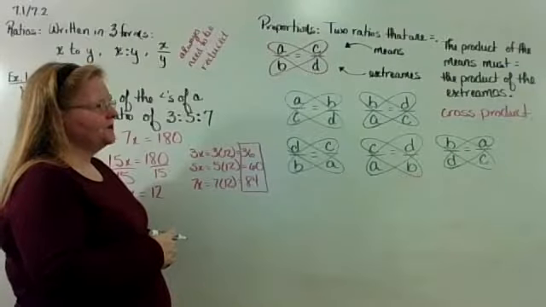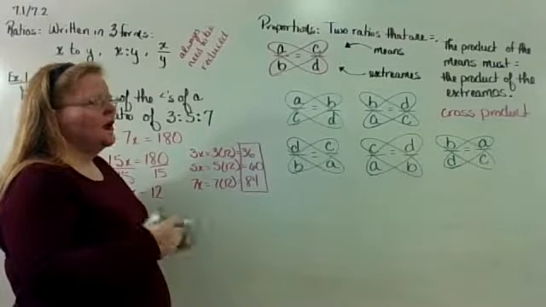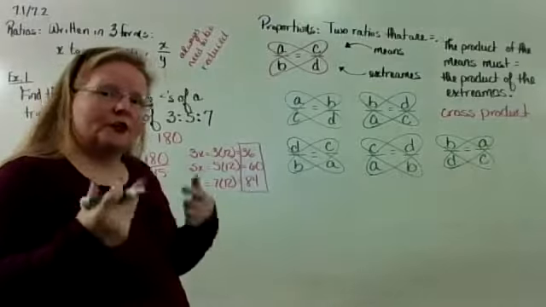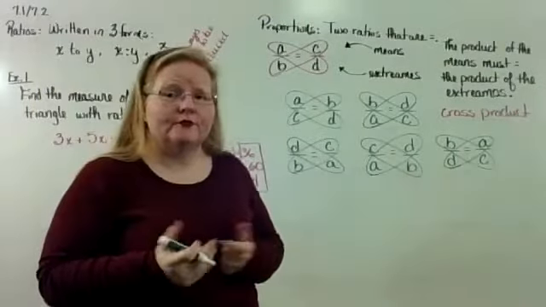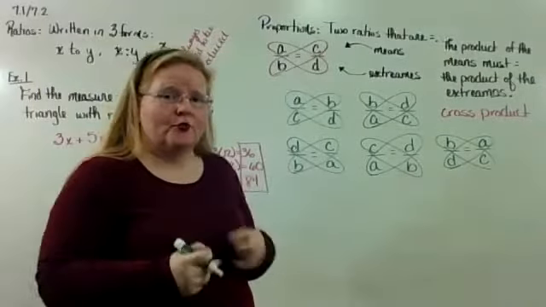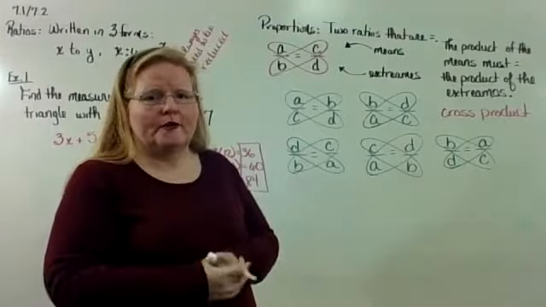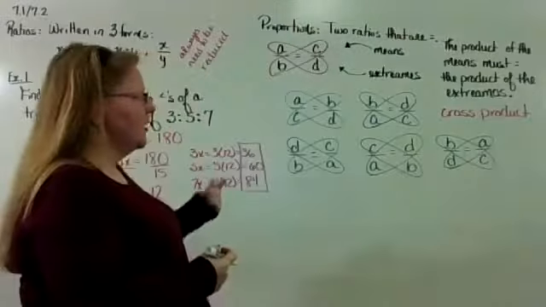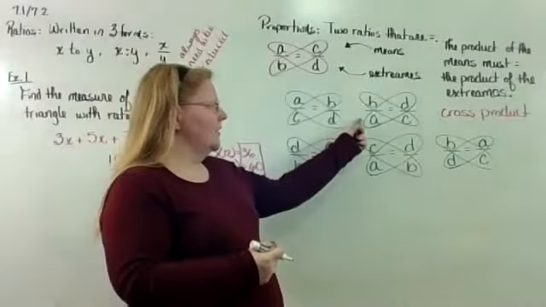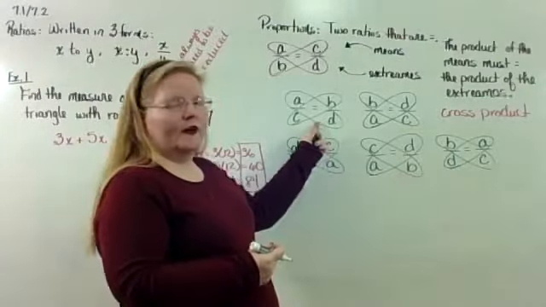Now, all of that to say this, when we're looking at figures in the future, and I set up my proportion one way and you set up your proportion a different way, it doesn't mean that your way is wrong. Because if I set up my proportion my way and you choose this, we're all okay.